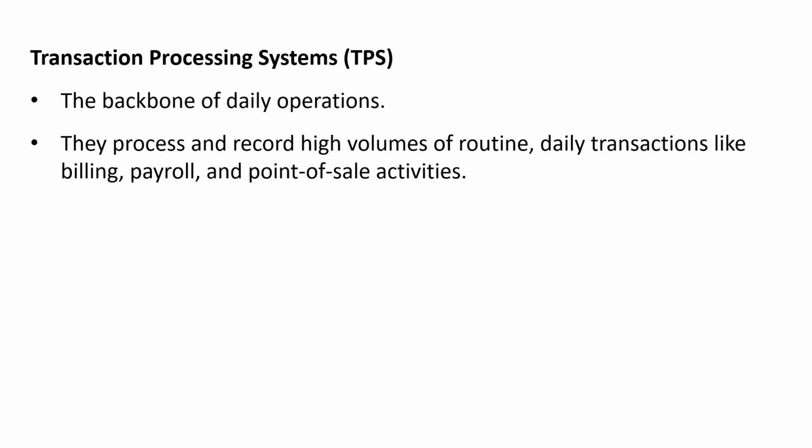We have learning management systems, we have Moodle, we have Zoom. These are transaction processing systems, requiring a high volume of routine daily activities. In an organization, there is payroll, billing, point of sale activity, all of that. The university is not selling anything. And then we have enterprise resource planning.